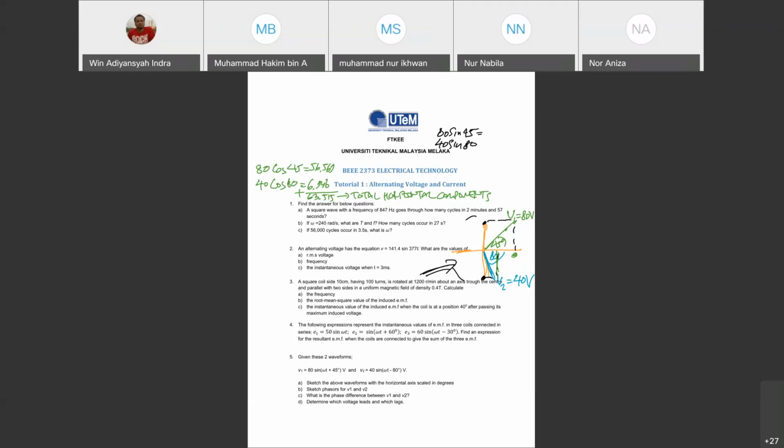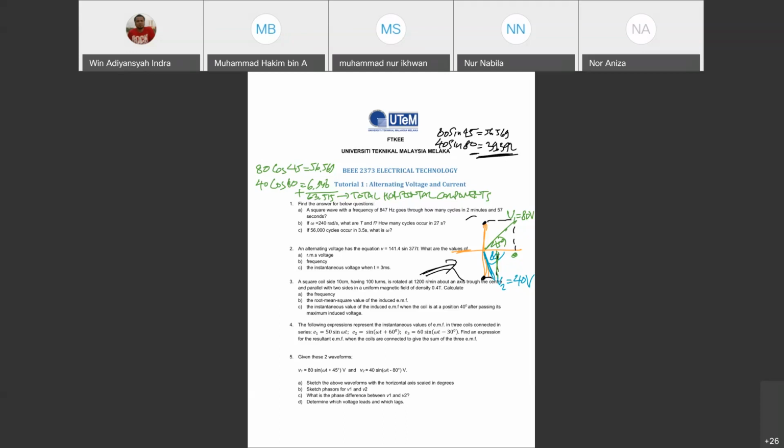This one is the same because sine 45 equals cos 45. This one is 39. Now this one we have to subtract.